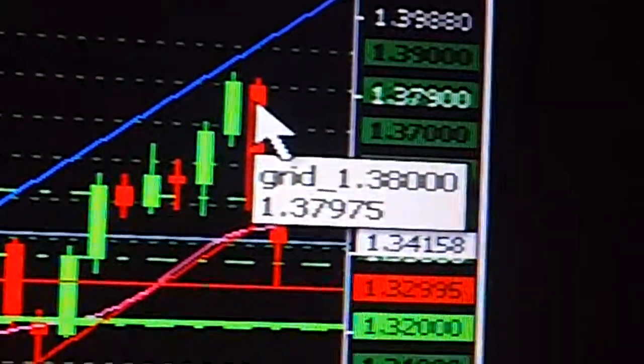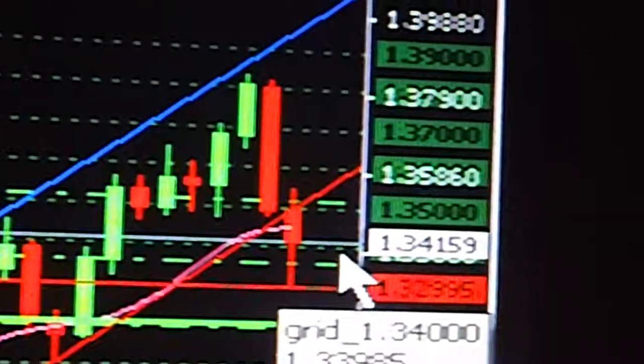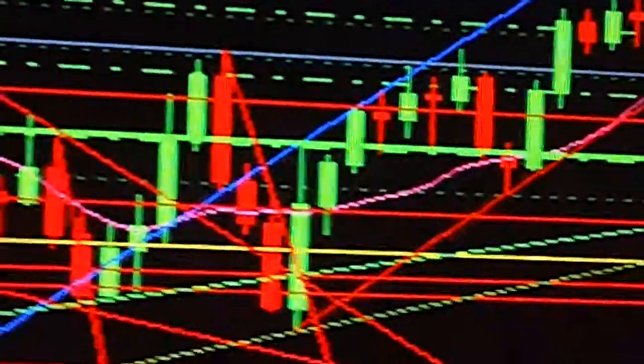Times 5, so I've got 5 mini lots. Well, I've got way more than that.